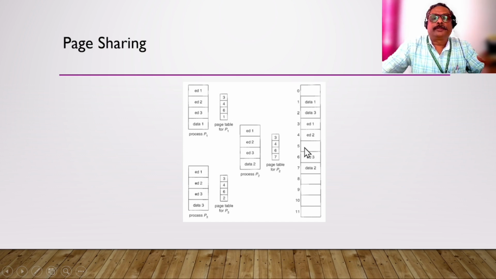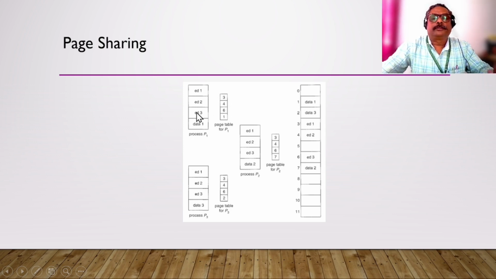So 3, 4, 6 are common for all three processes, because editor 1, editor 2, editor 3 are the same in sequence. So whenever we want to use editor 1, it goes to frame 3. Whenever we want to use editor 2, it goes to frame 4.